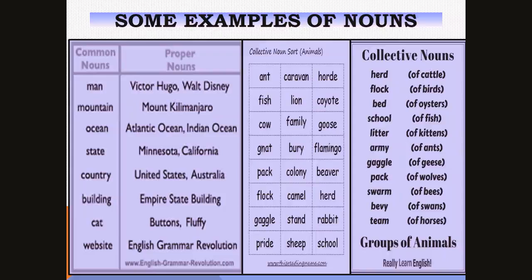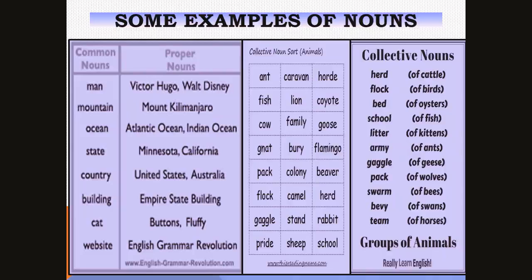These all are proper nouns. State, California, country, United States, the building, Empire State Building, the renowned building. Like this, like some website, English Grammar Revolution. These all are proper nouns.